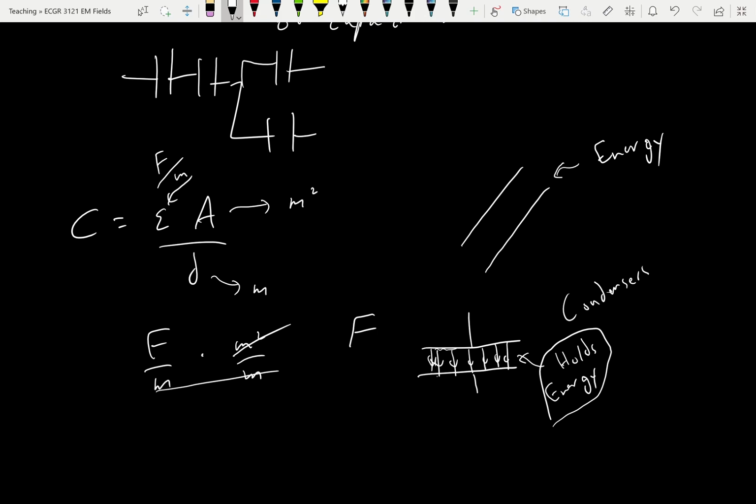It's not a fictitious thing. So the concept of capacitance is the first hint that the electric field really is something physical that holds energy, and we will discuss how to quantify the energy that is embedded within the electric field in the next lecture. Also, we'll solve some problems, probably during recitation class too.